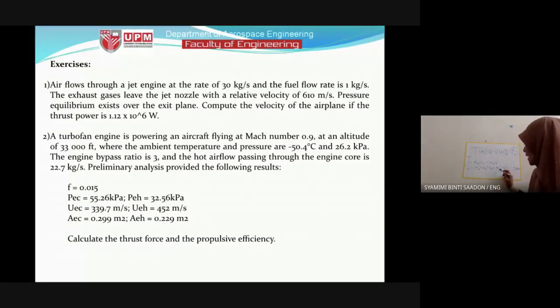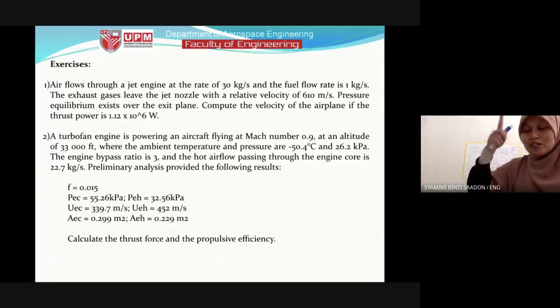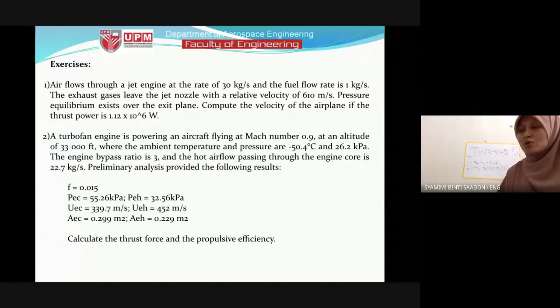We have to solve u square, equals 1.12 megawatt. So it is a quadratic equation, a power of 2. You have to solve this equation and get the value of u. You will have two values of u because it's a quadratic equation. So solve that.